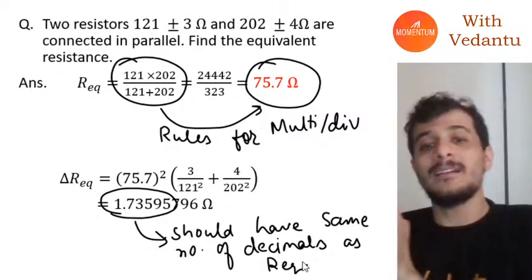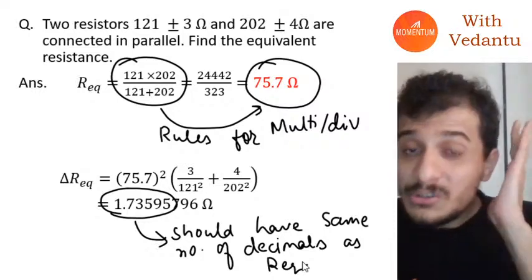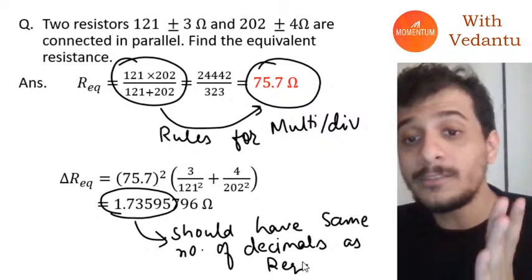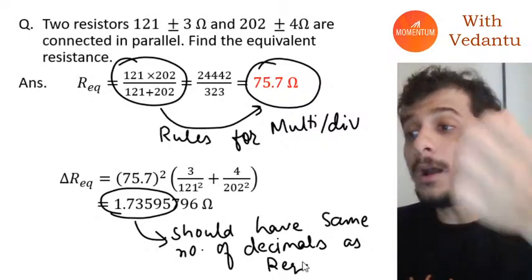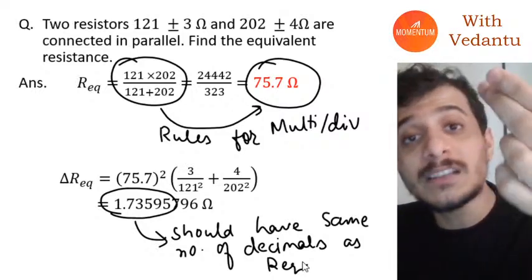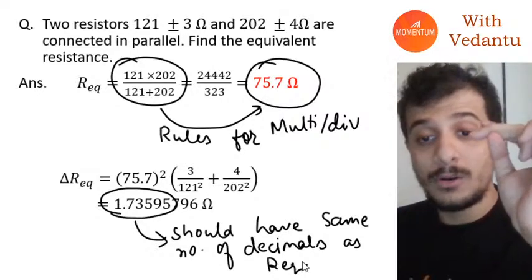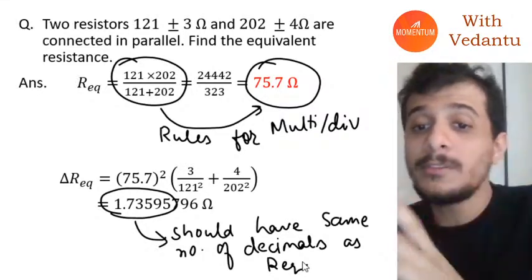This is because of the way errors are calculated. These are just rules you have to remember. These are two different rules, one for calculating the actual value, the second one for calculating the error.